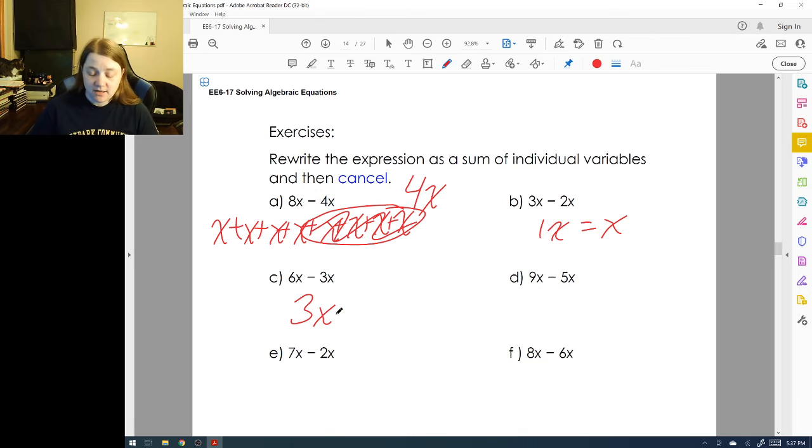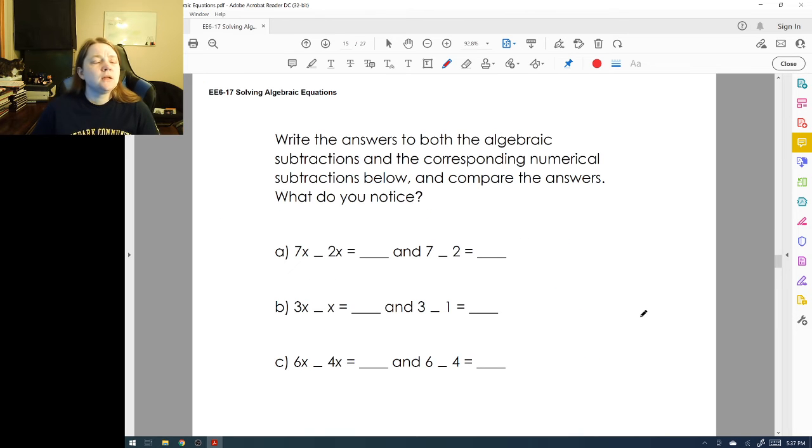9x minus 5x means there's only 4 x's left. 7x minus 2x means there's 5 x's left. And 8x minus 6x means there's 2 x's left. So now they want us to write the answers to both the algebraic subtractions and the corresponding number subtractions to compare the answers.